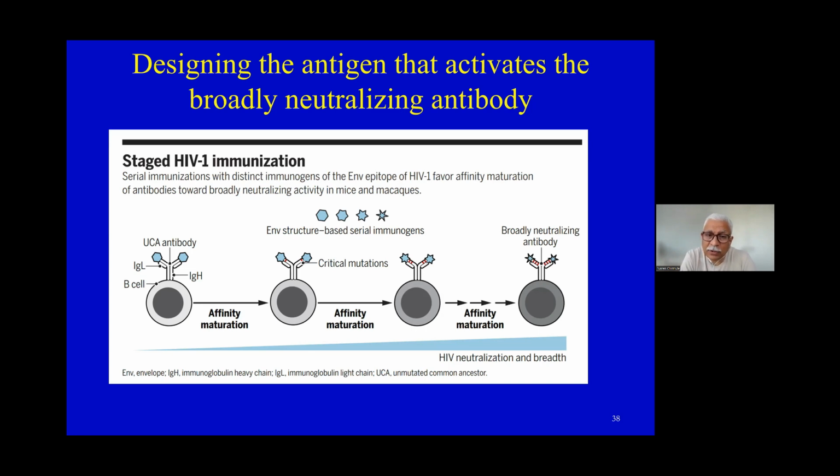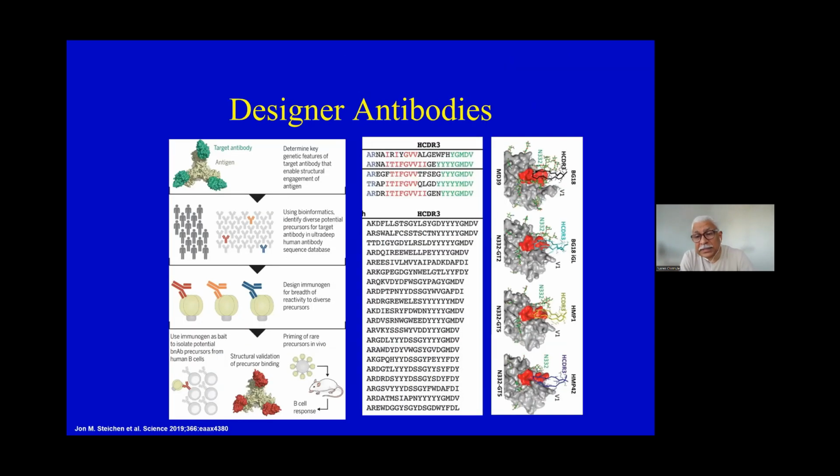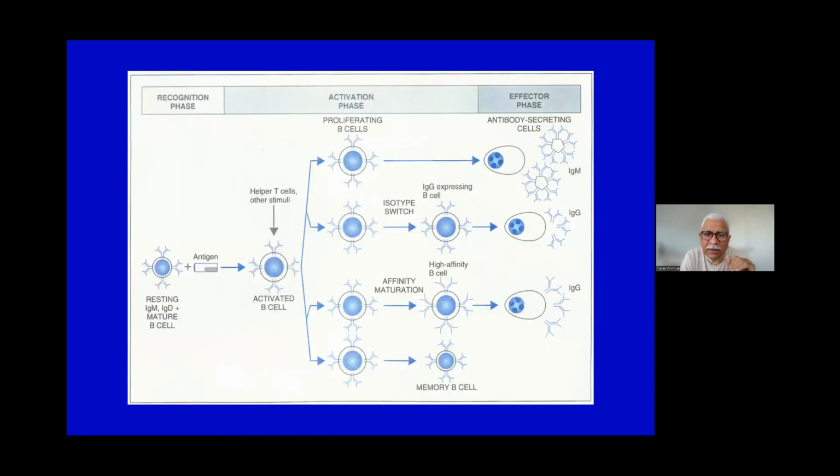So this is an HIV story. Based on this, people are making designer antibodies based on how they can bind. With use of AI ML, people are now able to use that technology to create antibodies in silico. So this is another type, designer antibodies.